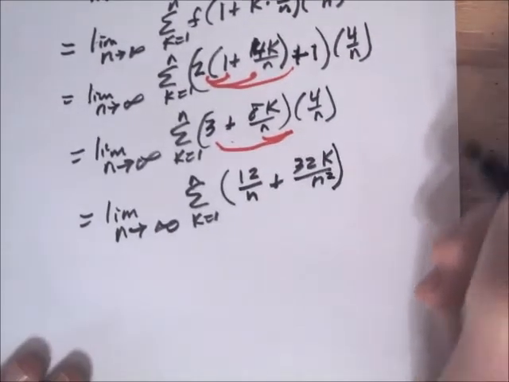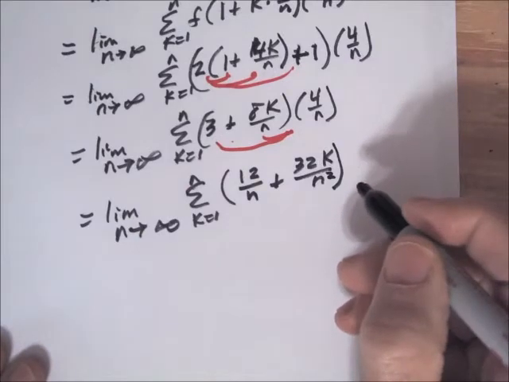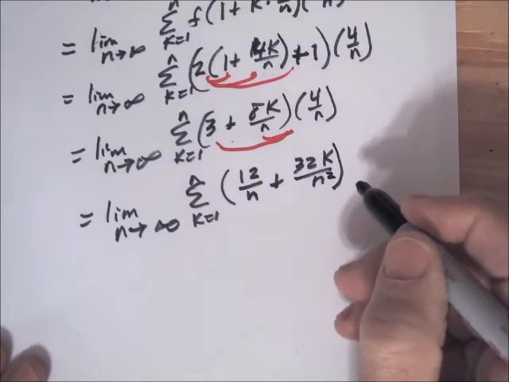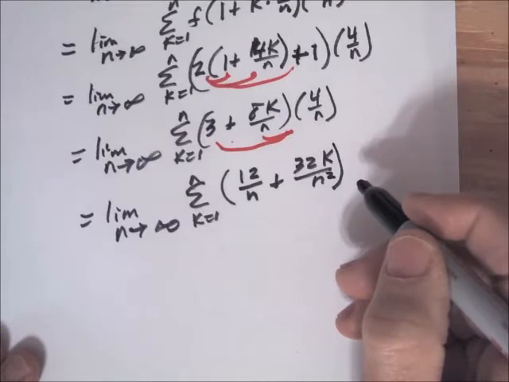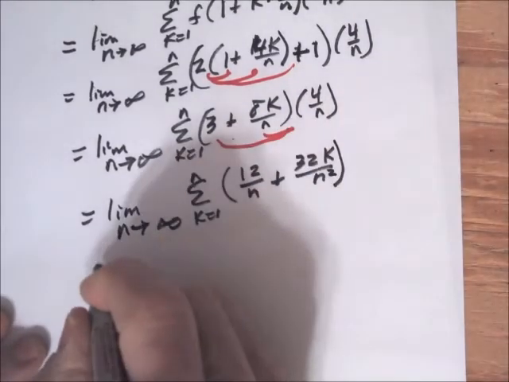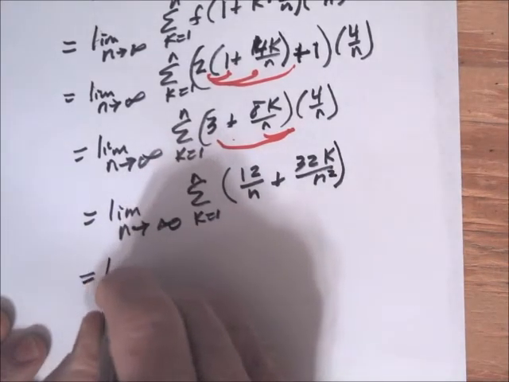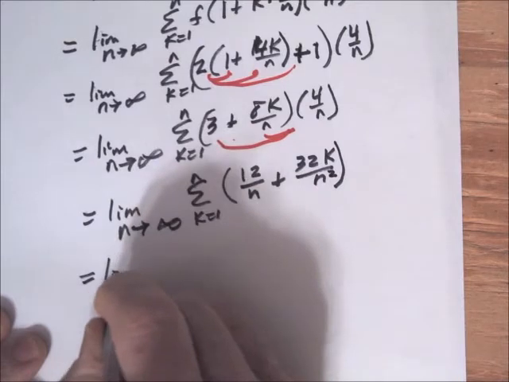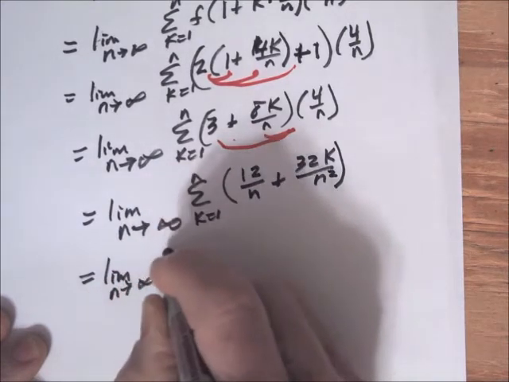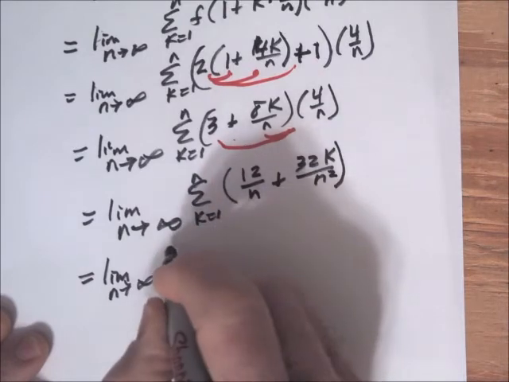Okay, so we can split up this sum into 2 pieces. And we could actually split up the limit in 2 pieces.